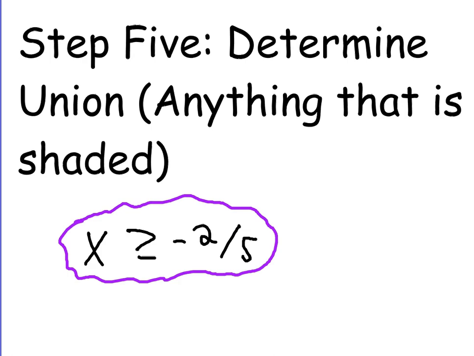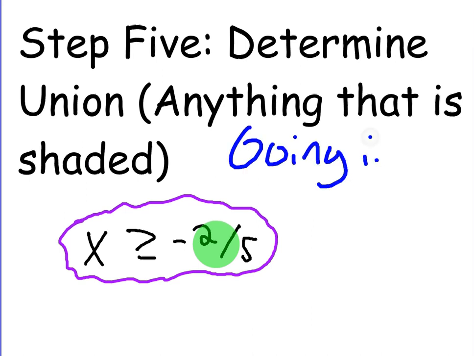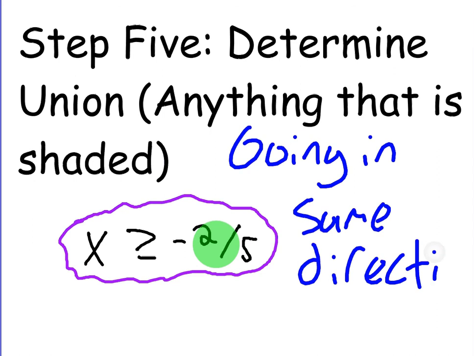But anyway, the final answer is to write out where everything is shaded, anything that is shaded. Now the reason we do it for this example is because they're going in the same direction. Okay, they were both pointed to the right. When that happens, you will just include where everything is shaded.